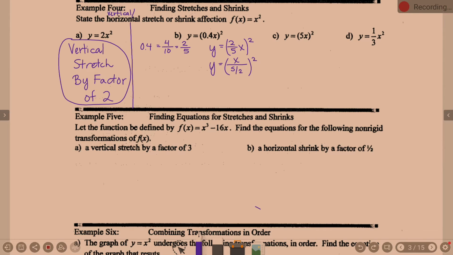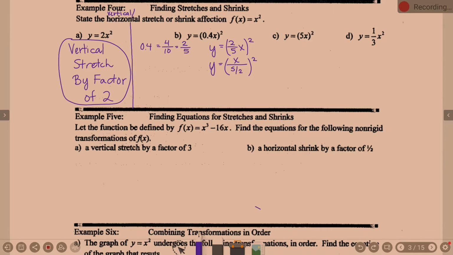Now, in this form, what is this? Vertical stretch? Horizontal stretch? Do we agree here? Horizontal stretch, because it's x divided by the number. When you put it in that division form, this is 5/2, which is 2.5, right?